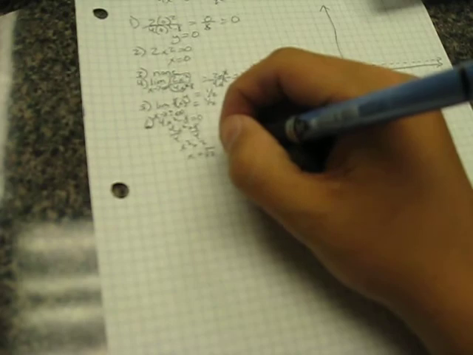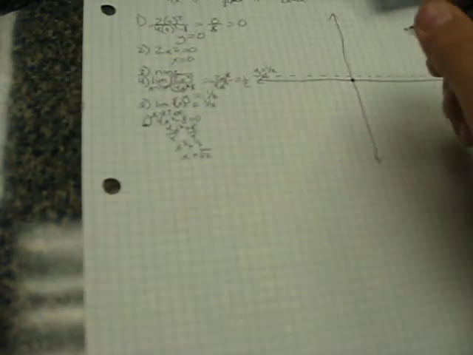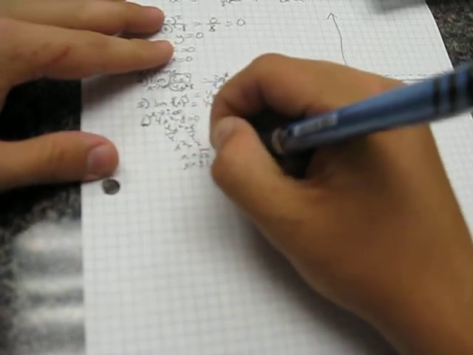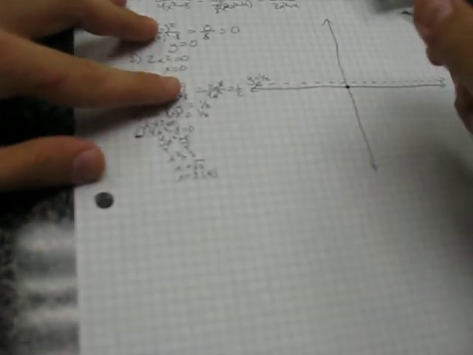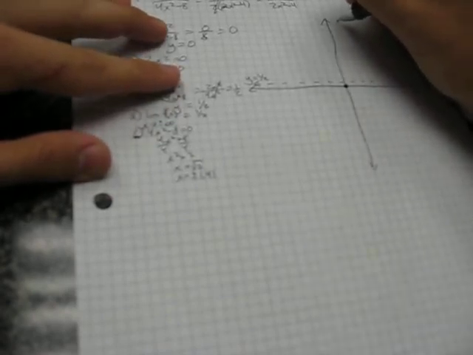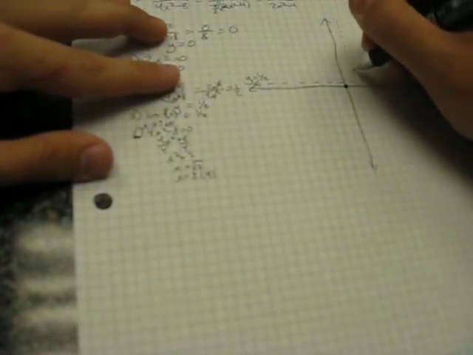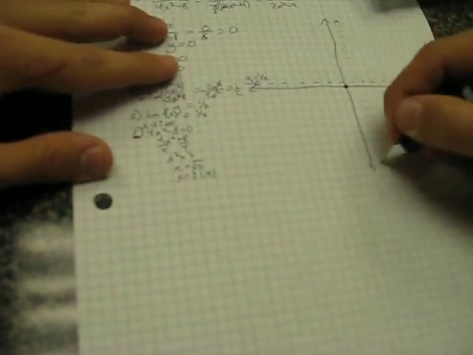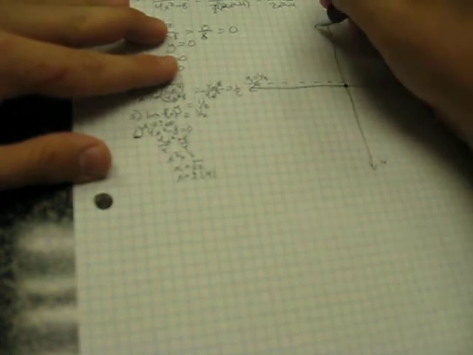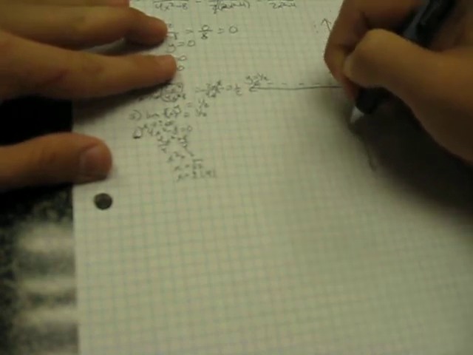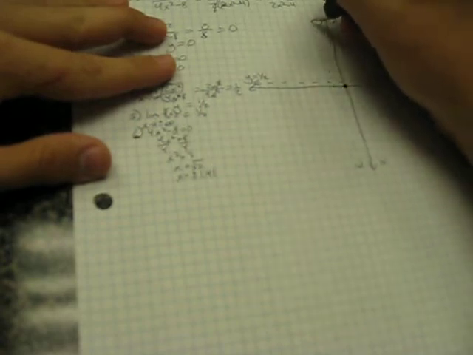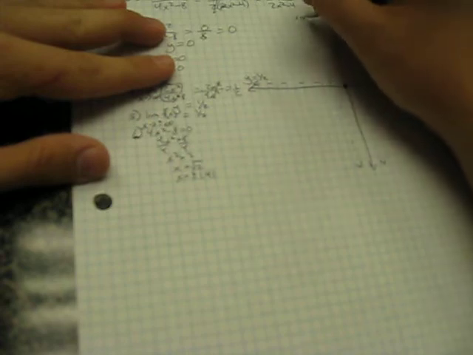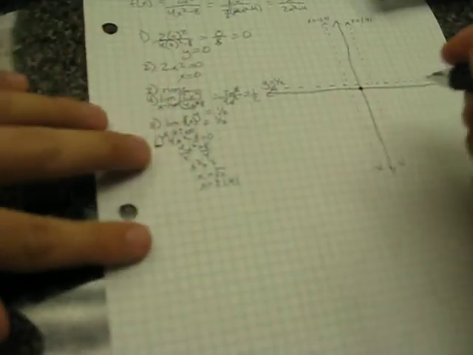So graph that is positive or negative 1.41, which is about here. Okay, so those are the vertical asymptotes.